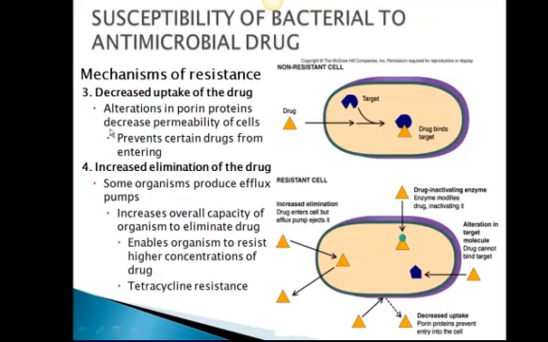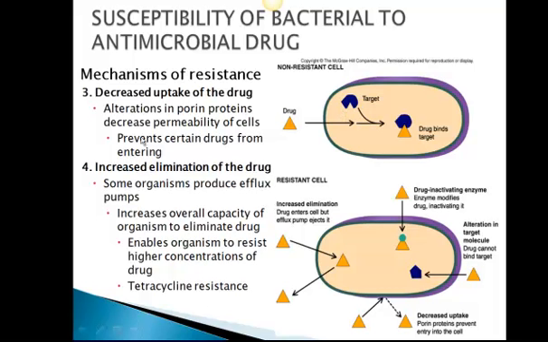So another way that bacteria can become resistant to a drug is by decreasing the uptake of the drug. So in this mechanism, you would have increased elimination. And so there would be an increase or alteration in porin proteins. And so these are usually ABC transporters that we talked about in, I believe, week 2 or 3 when we were talking about how drug molecules can get into cells. Well, these ABC transporters can actually eject molecules from the cell as well.